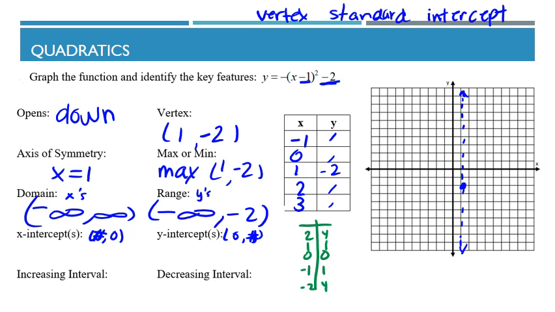Then we applied our shifts. We said a negative out front, so we multiply every y value by -1, because that is my vertical stretch or compression, so it affects my y's. I have a +1 to affect my x's. And then I also have a -2 affecting my y's, so I'm going to subtract 2 from the y's.